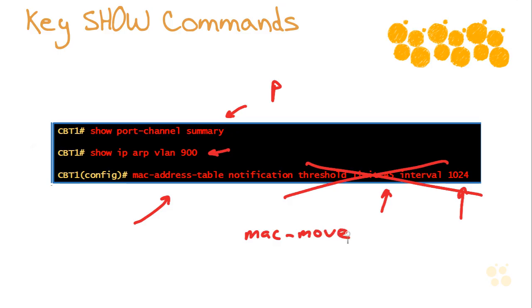So the full command would be MAC address table notification MAC move. And now you are getting a notification message if the MAC address is moved on the particular device.